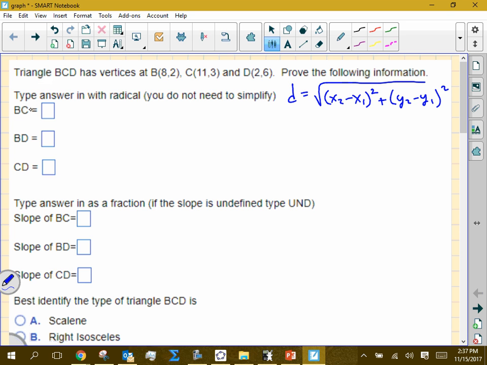Now, if I'm doing BC, the way I like to do this is I take the two points B and C, I put them on top of each other, (8, 2) and (11, 3). And now I'm going to do the distance formula with those.